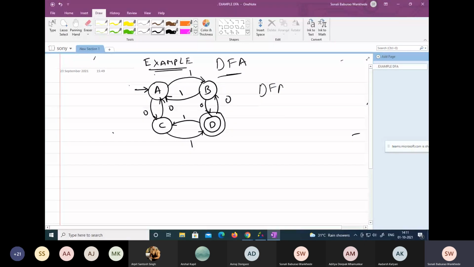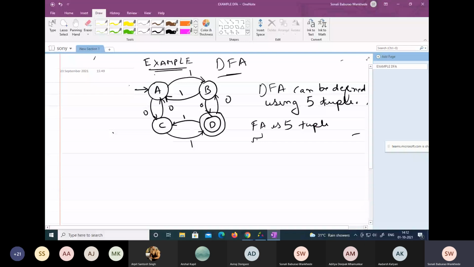So DFA can be defined using a 5 tuple. Is this line clear? Why is it called a 5 tuple? Because FA is a 5 tuple, and since DFA is one of the types of FA, DFA is also a 5 tuple value.